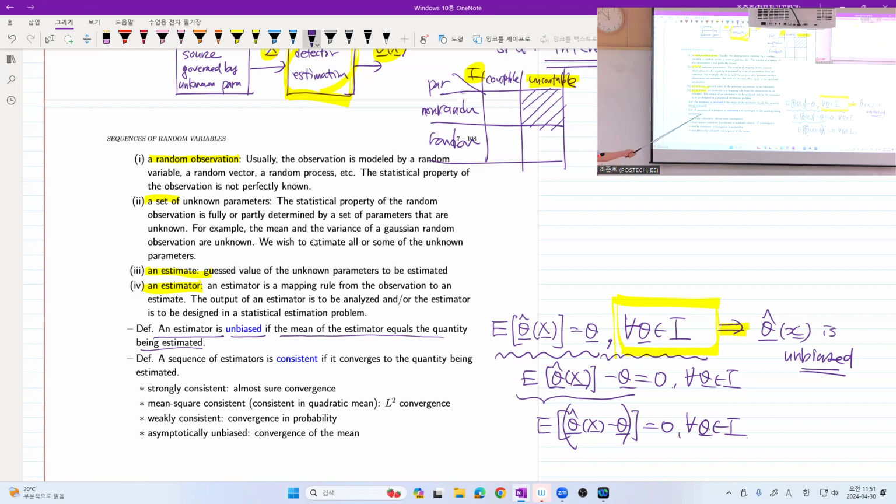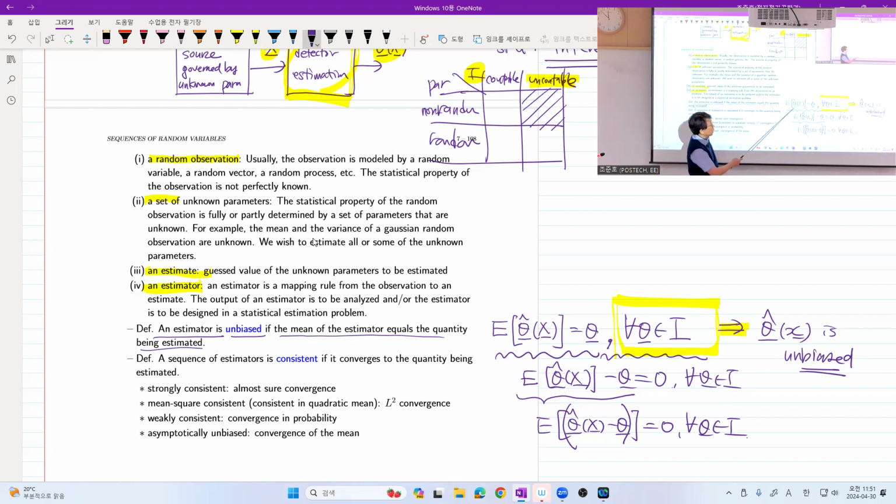And second one is a little bit relaxed version in one sense, but it's a much stronger version in other sense. Let's see. The sequence of estimators is consistent. What does that mean? You have single estimator. Why we said sequence of estimators?